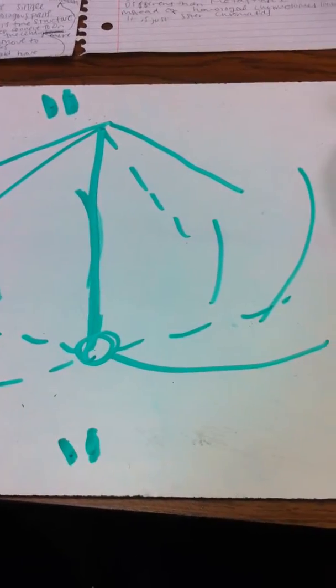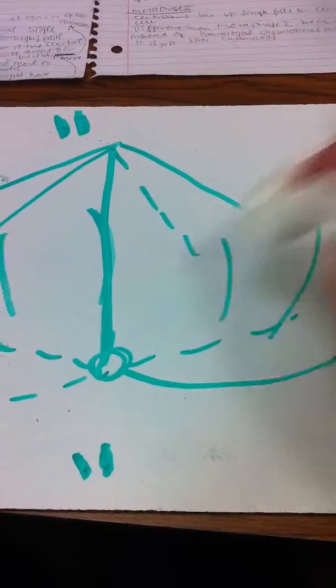So the next step is called telophase 1, and this is when cell division occurs, and the centrioles are going to replicate. So this is going to result in 2 daughter cells.